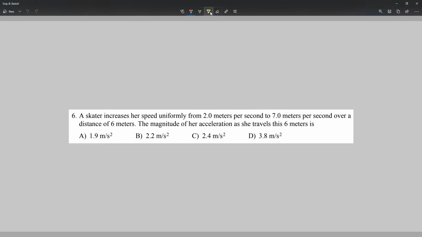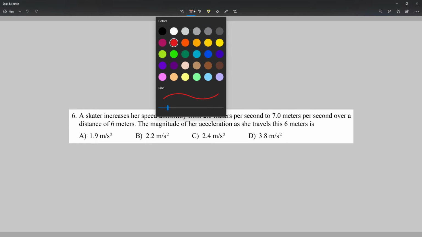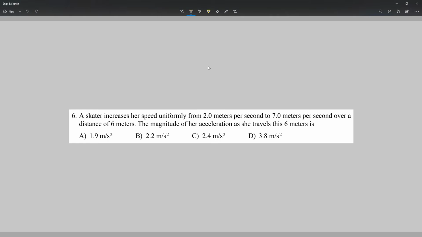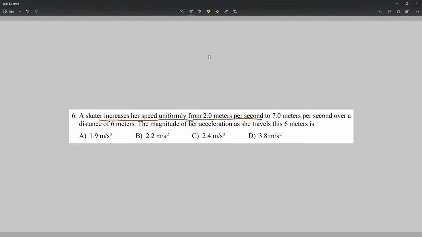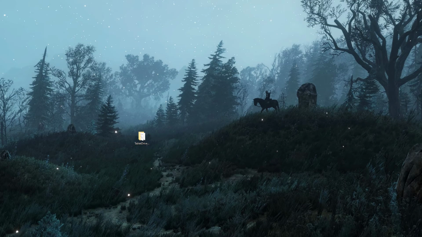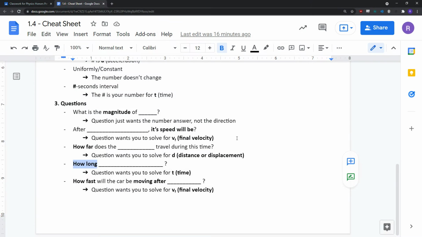Number 6, closer to the end. A skater increases her speed uniformly from one number to another. There's a certain type of phrasing here, if you couldn't guess from the context.